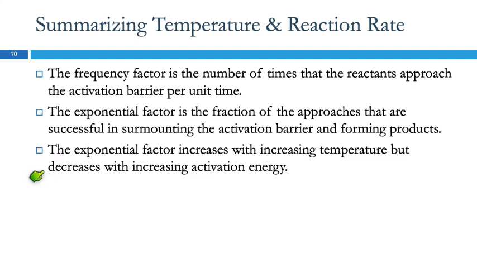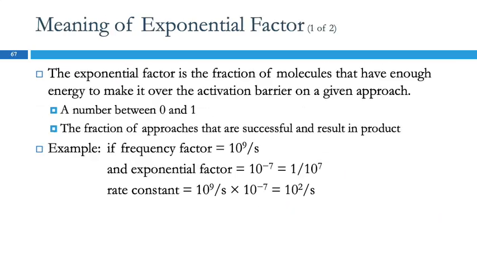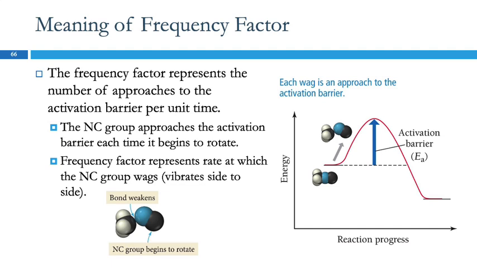So this part here, if you just think about it, makes sense. If this is a big barrier, is that going to help my reaction go faster? No. If the activation energy is higher, then the rate's going to be slower.